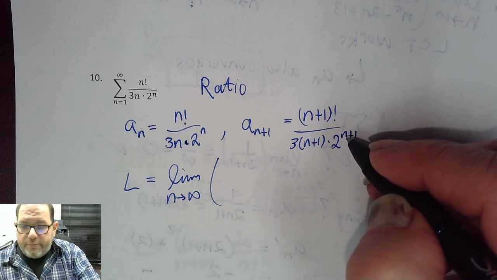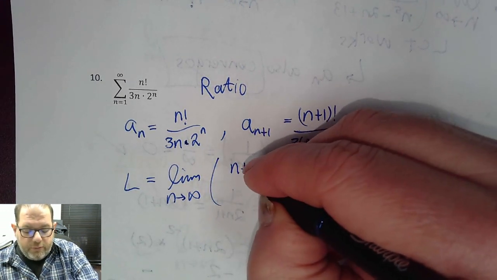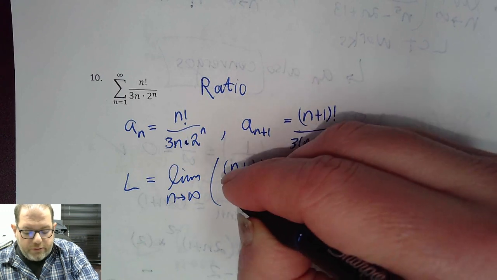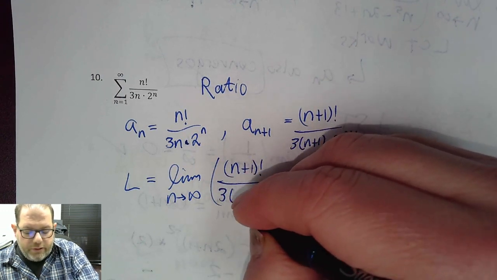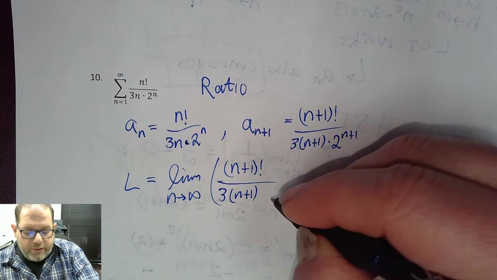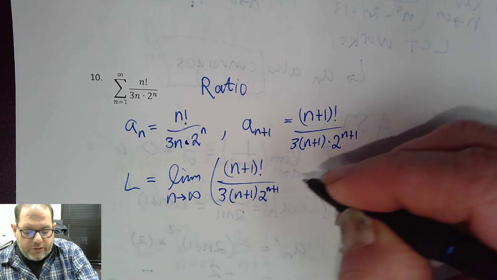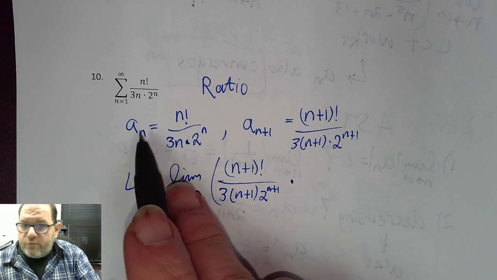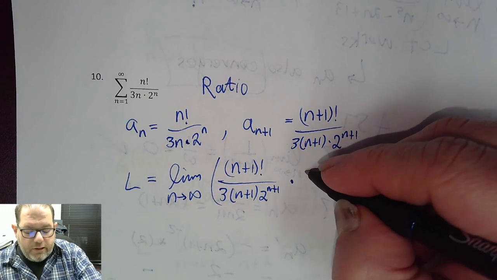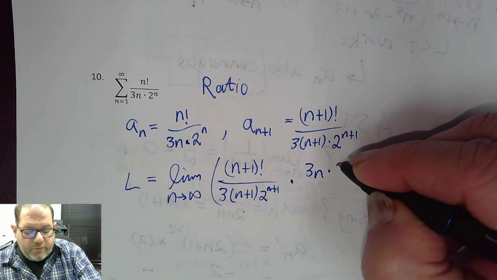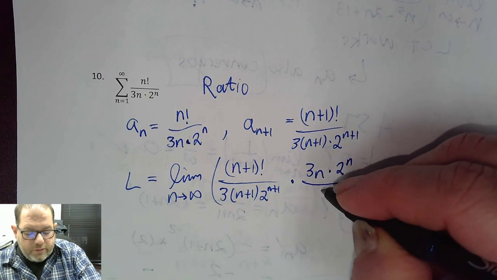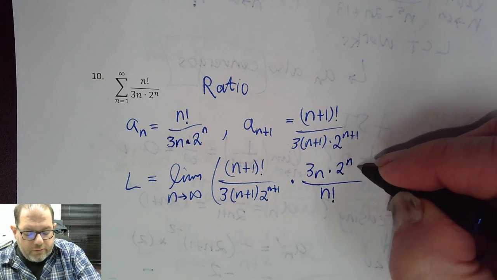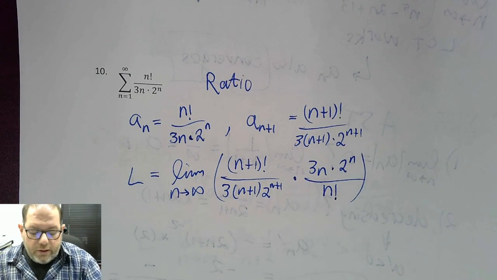Starting with a sub n plus 1 first, that's n plus 1 factorial over 3 times n plus 1 times 2 to the n plus 1, times, and instead of dividing by a sub n, we'll multiply by its reciprocal. So that's 3n times 2 to the n over n factorial. We want to reduce this, and it turns out we can reduce quite a lot here.